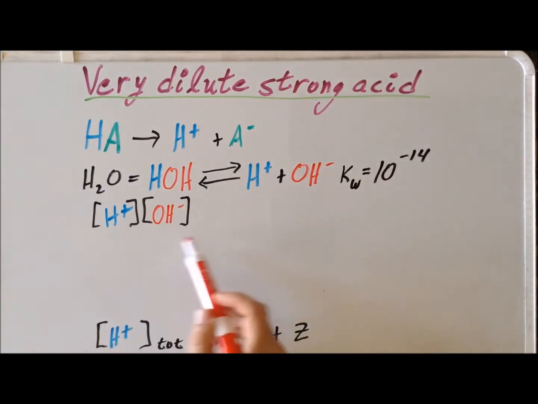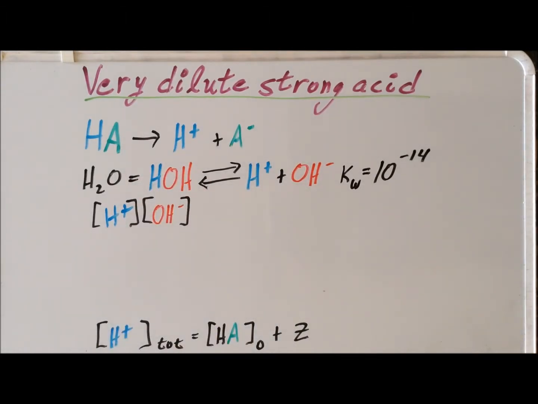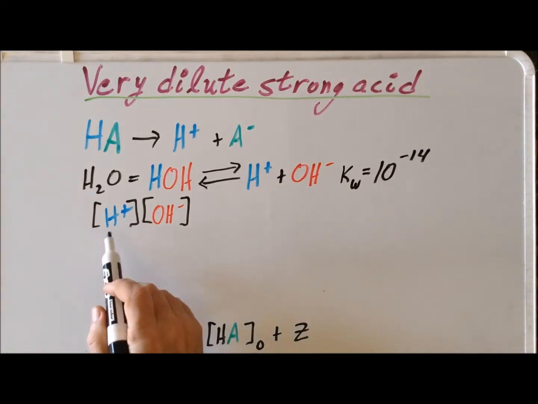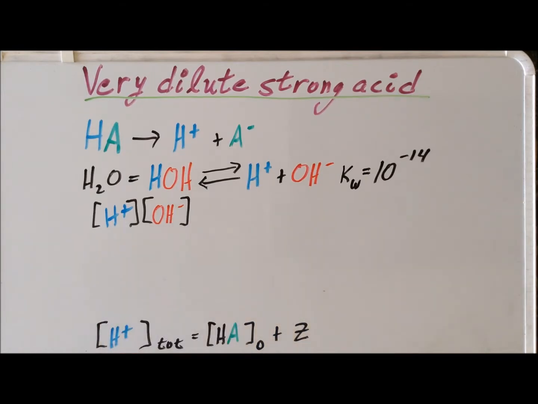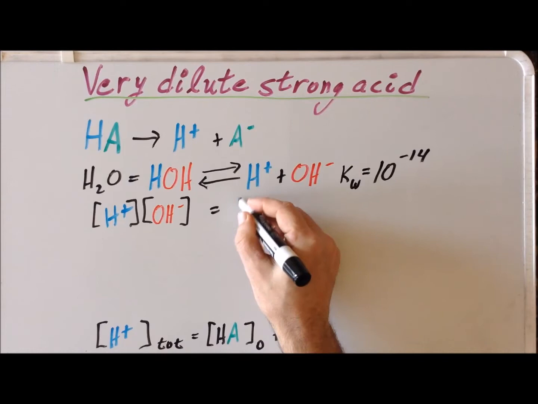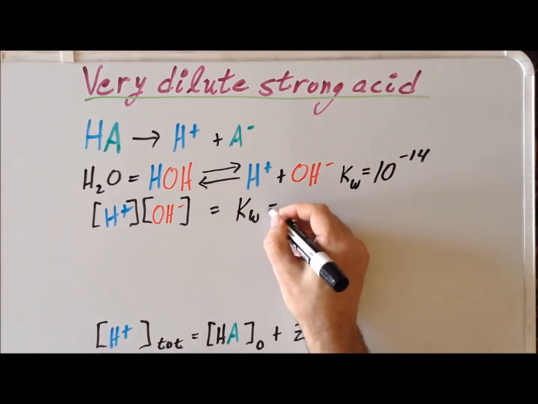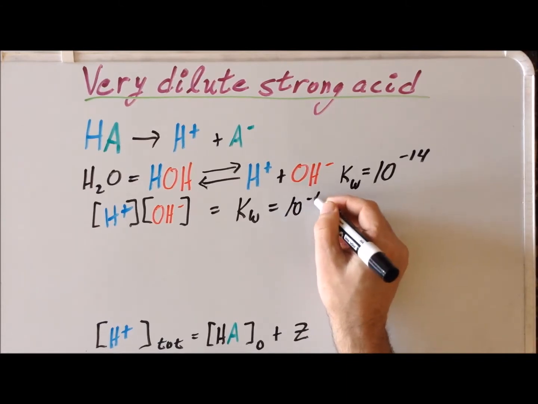And then typically in the denominator, we would have the concentration of the reactant. But since water is a pure substance, by convention, we omit the concentration of undissociated water in the equilibrium constant expression. So that just leaves the concentration of H plus times the concentration of hydroxide equal to Kw, the auto-dissociation constant for water, which is equal to 10 to the minus 14.